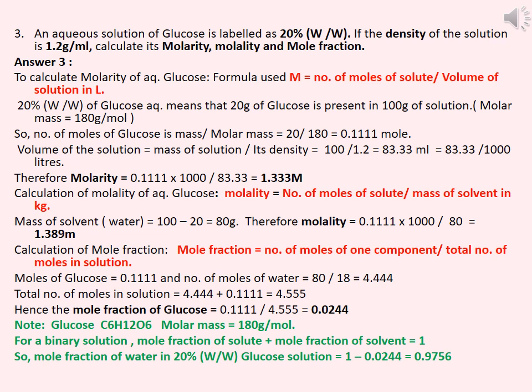Hence, mole fraction of glucose is equal to number of moles of the solute, which is glucose, divided by total number of moles in the solution, which is 4.555. So, mole fraction of glucose is 0.1111 divided by 4.555, which is equal to 0.0244. So that's the mole fraction of glucose.